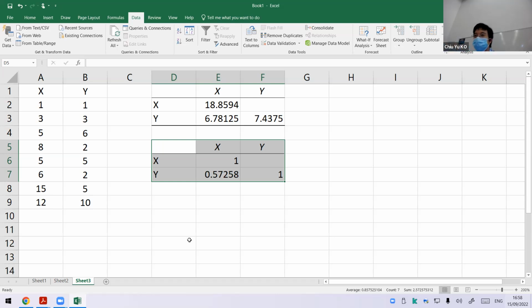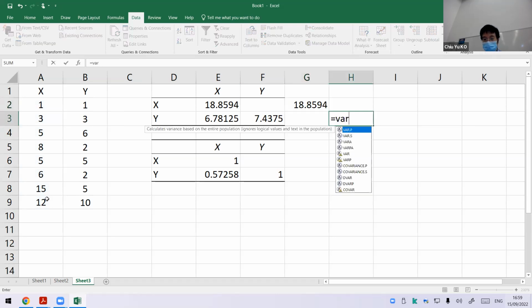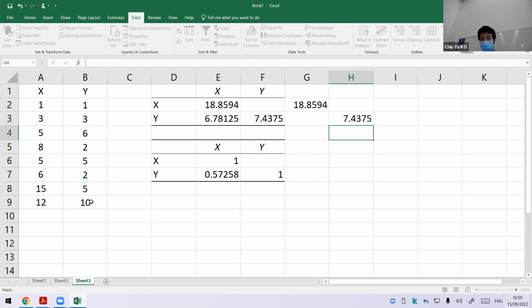Some of you raised a very good question. When I calculate covariance, you can see there's a free entry here, right? So you ask, what is this guy? This guy is actually the variance of X. Let me show you. I do the variance P of X. If I do variance P of the Y, it just gives you this guy.